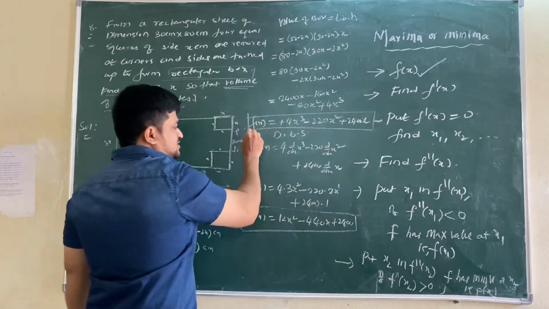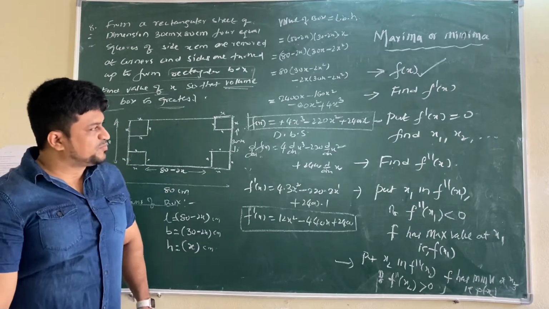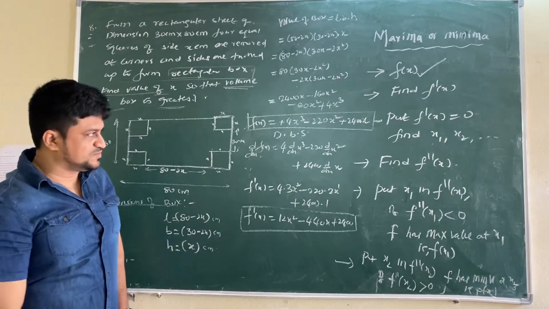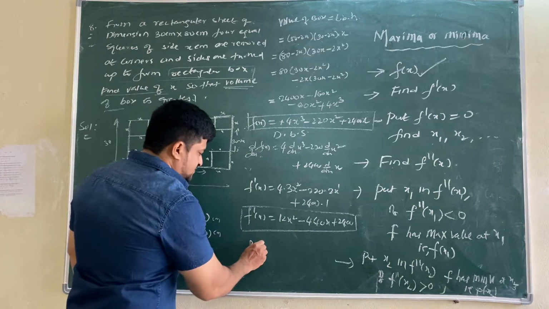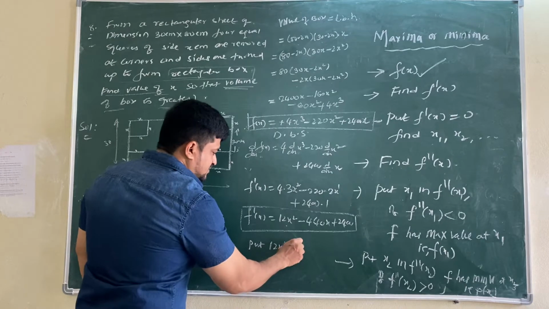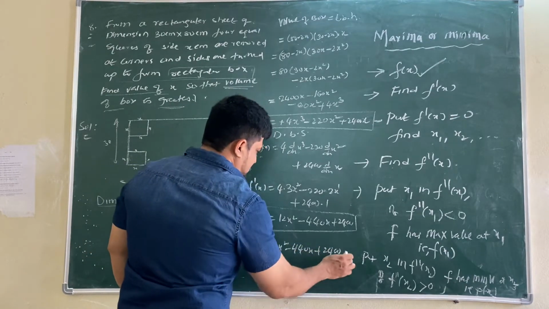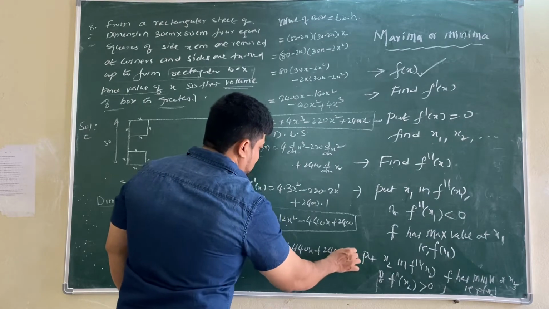We have f of x, and the second step is over. Now put f dash of x equal to 0.